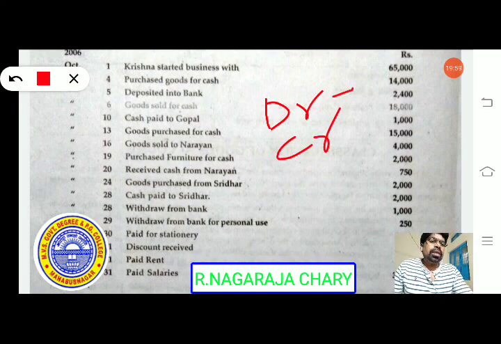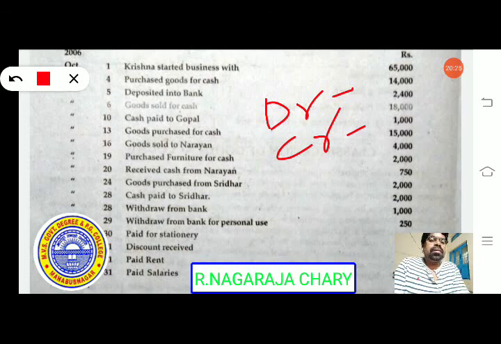These two aspects are to be observed. These two aspects will always be equal. Of course, sometimes we may have composite entries also. So, whatever it is, the total of the debit aspect and the total of the credit aspect will be equal.